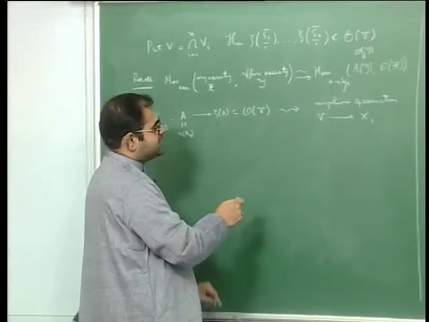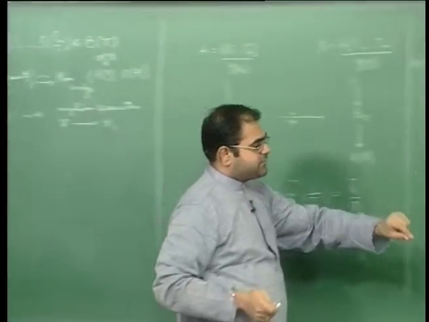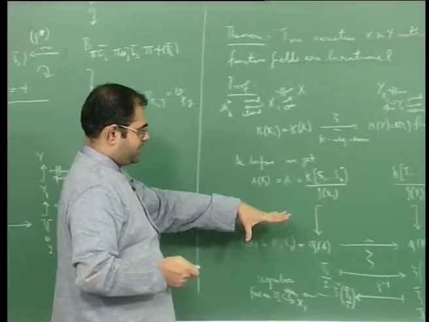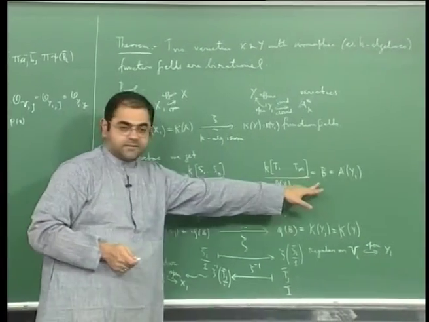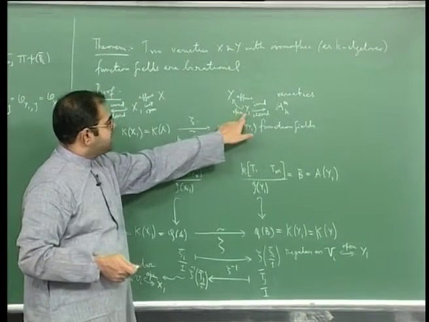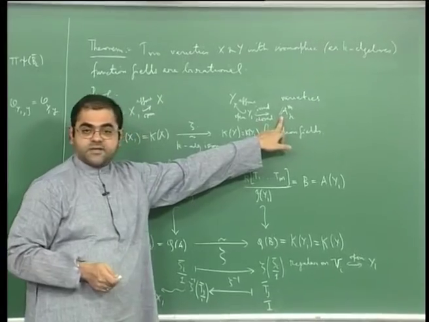The morphism is, see, after all this V is an open subset of y1, and y1 is sitting in affine space.